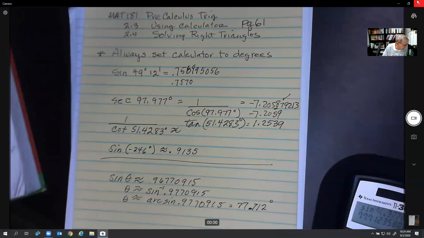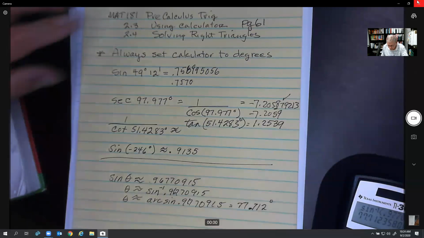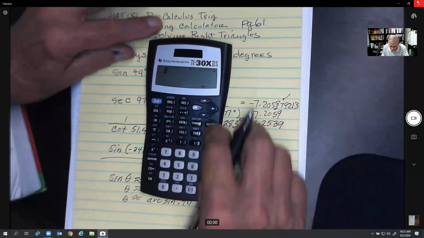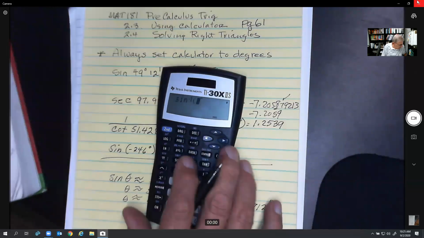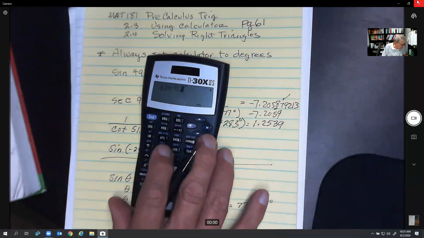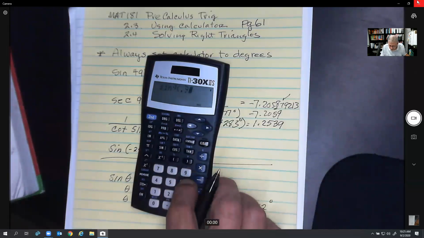Did I get it right? Let's double check. They got 75. What did I do wrong? It was 967. I put it wrong. Let me try it again. Okay, second sine. Let me look at the book and put in the right number here. 0.967.